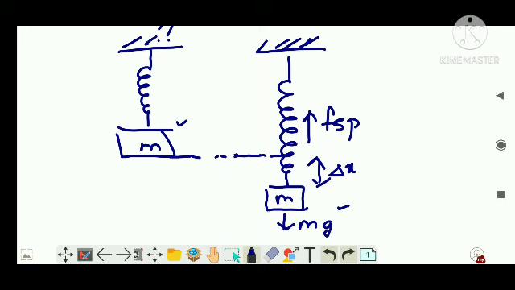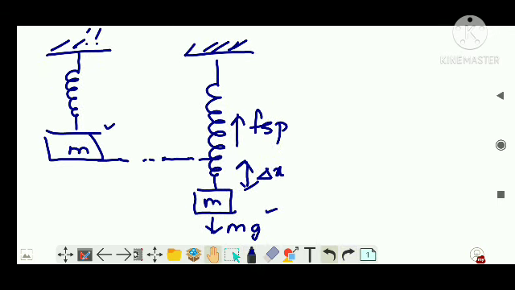You would tell me, once the weight is put, obviously it is going to oscillate. Yes, obviously it is going to oscillate, but in this chapter we are not going to consider oscillation until the last few chapters come up, where we will be considering oscillations.